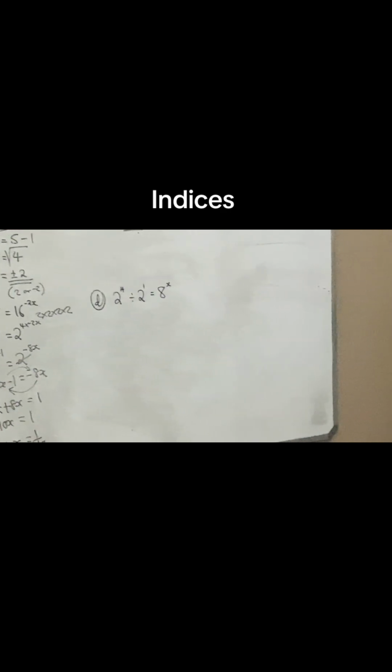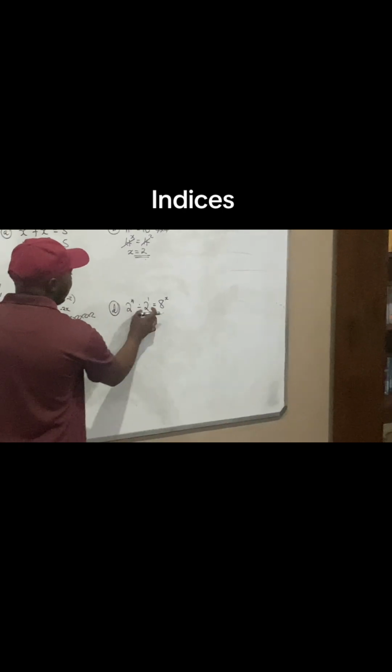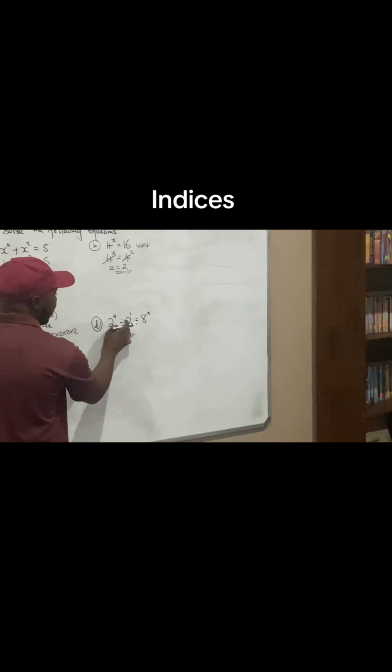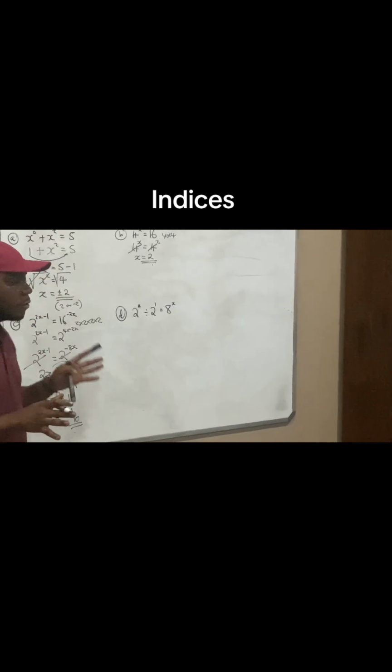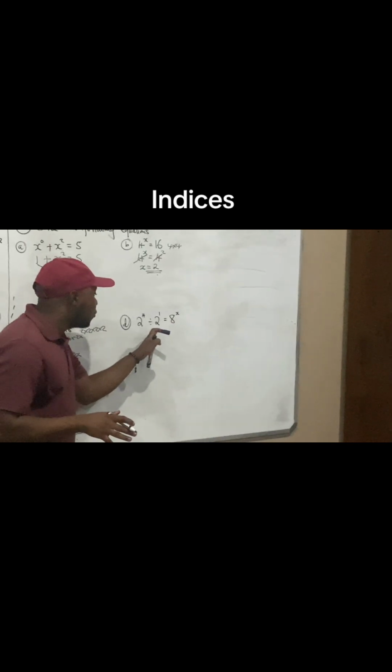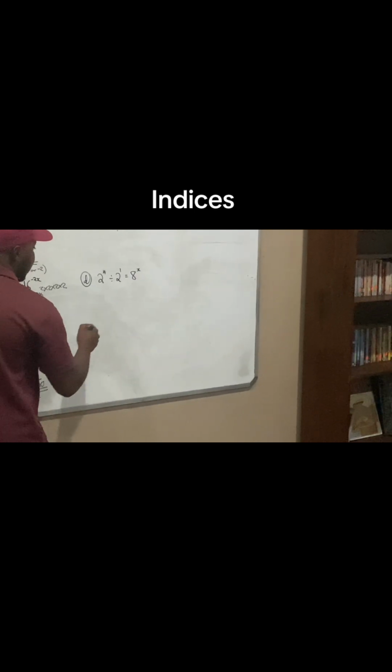Okay, then the last one here. With this one, since I've got my bases the same, this time for the first time I'm going to do a division. Now, the rule for division is that when you're dividing, you are going to subtract the powers. So what do I mean to subtract?